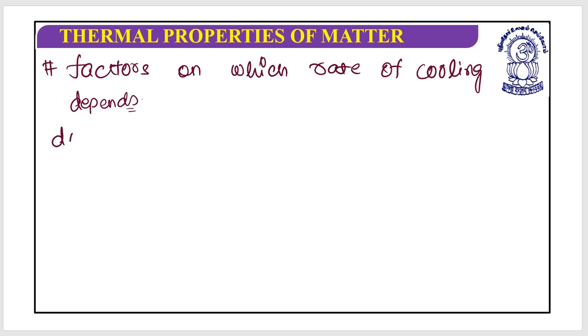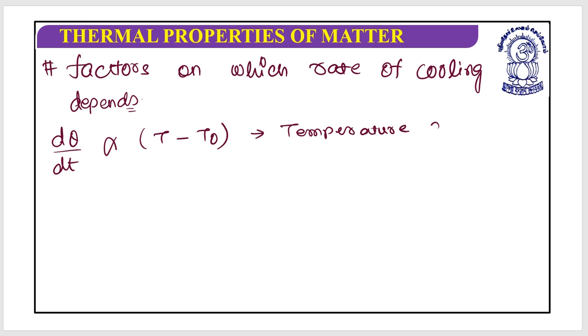This d theta by dt first depends on the T minus T naught, the temperature difference between object and surrounding.